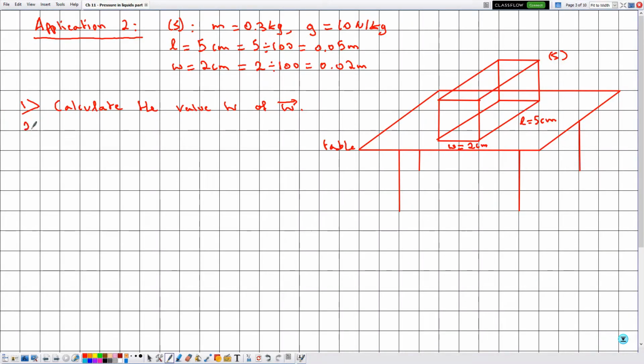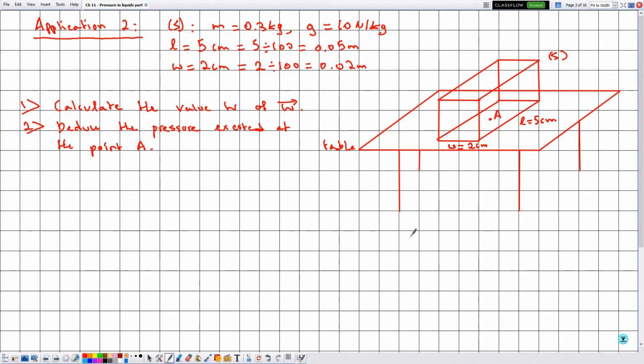Now number 2, deduce the pressure exerted at the point A. And let's suppose that the point A is the point of contact between the solid S and the table.